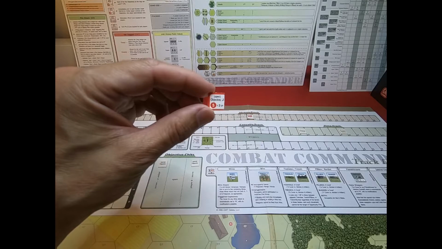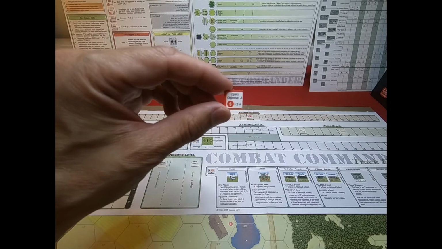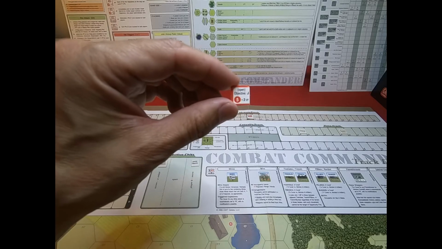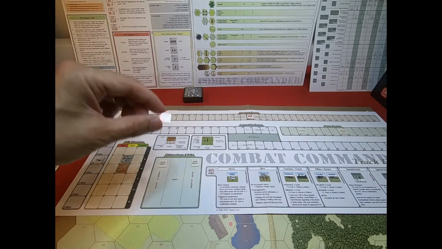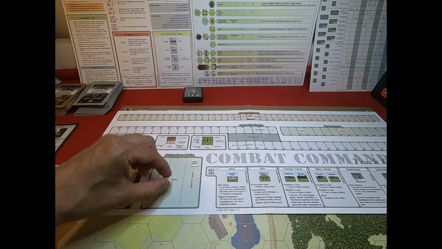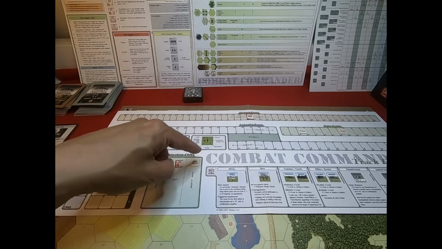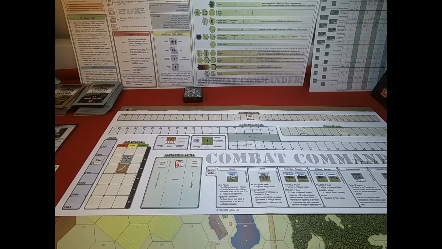And again, by reading this marker, we have number 5. So the location number 5 has a value of 2 victory points. And I'm going to place this chit onto the center of my objective chits track. It's all for the moment.